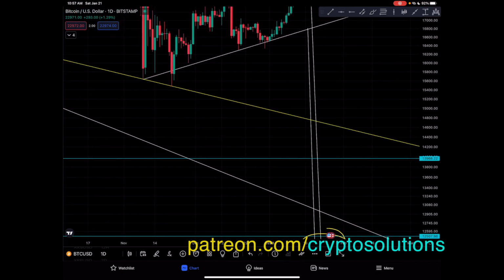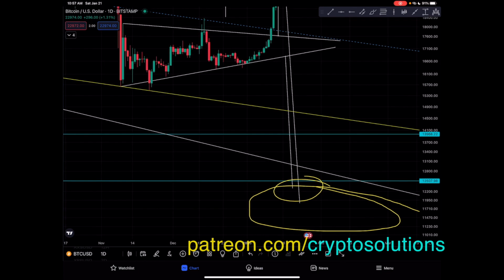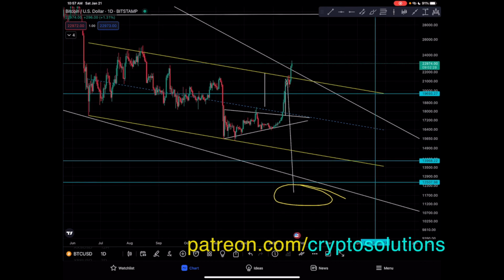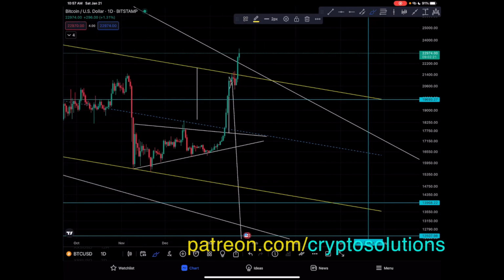And also the target right here, which was all the way down for that bear pennant, around $12,300, also got invalidated. So I'm going to delete that price target right there also. Okay, and this also happened, which is a double bottom scenario.